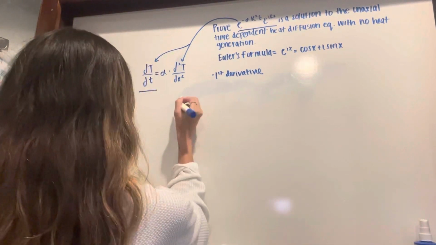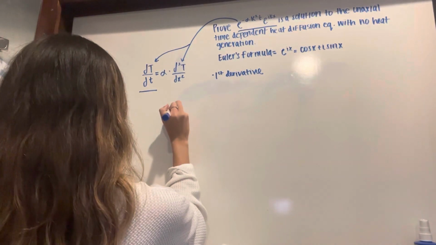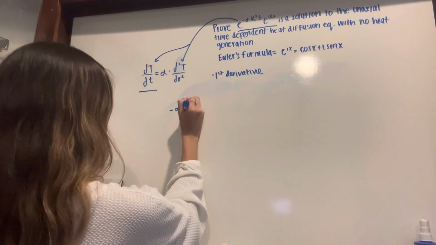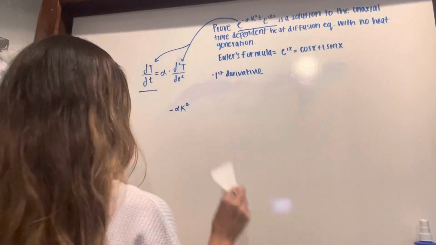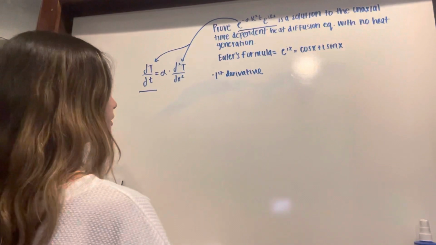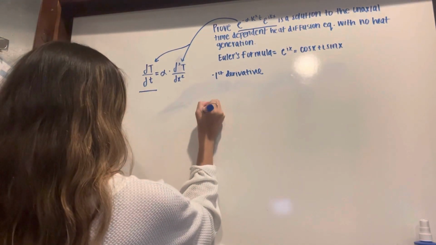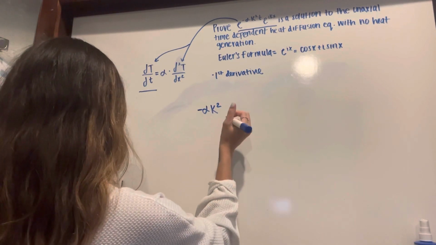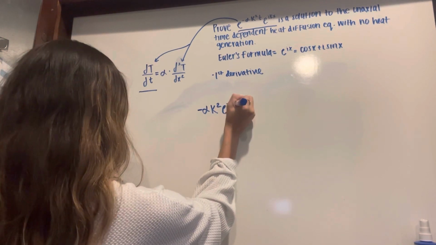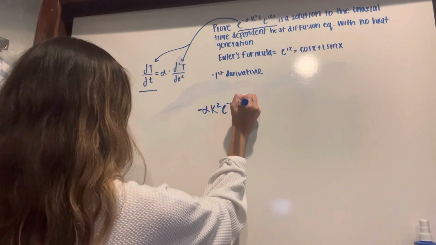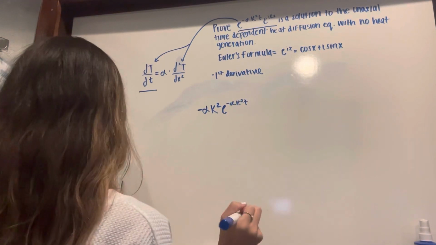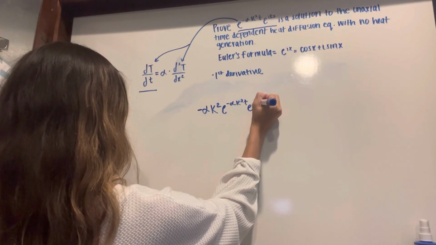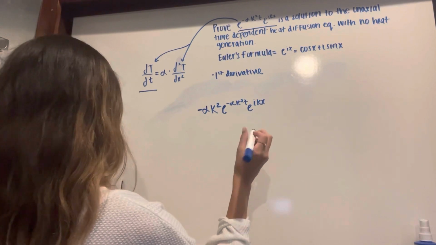When we do that for the left-hand side, we get negative alpha k squared, I'm going to write this a little bigger over here for you, negative alpha k squared times e to the negative alpha k squared times our time times e to the i times k times x.